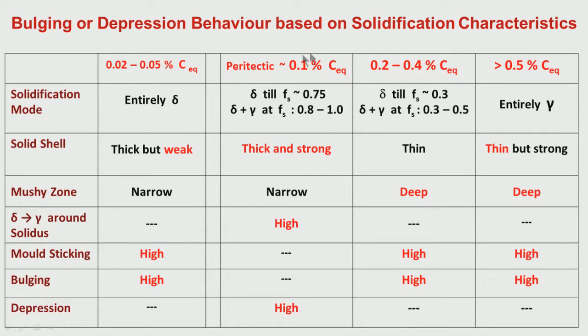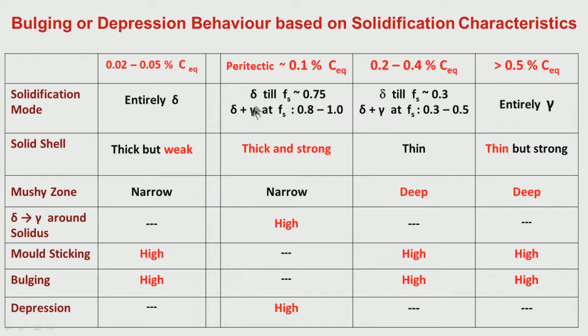So, this carbon concentration we call a peritectic chemistry. Initially solidification is delta, and delta is present till solid fraction around 0.75 or slightly lower than that.